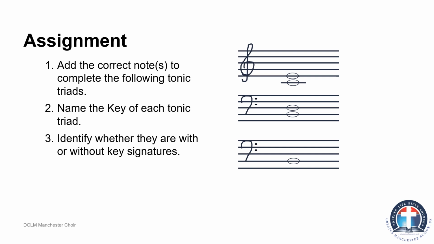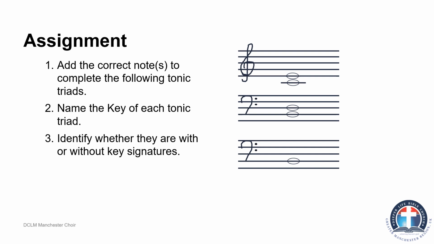Okay, so now this is the assignment. Please go through it. There are 3 staves there on the right and 3 questions on the left. Those 3 questions apply to each stave, so for each stave, you have to answer the 3 questions. For instance, in stave 1, add the correct notes to complete the tonic triad.